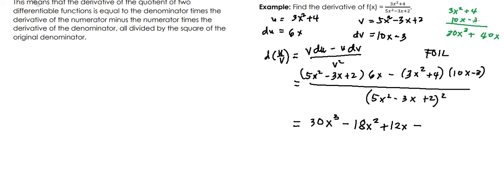And negative 3 times 3x squared, that is negative 9x squared. And negative 3 times 4 is negative 12.